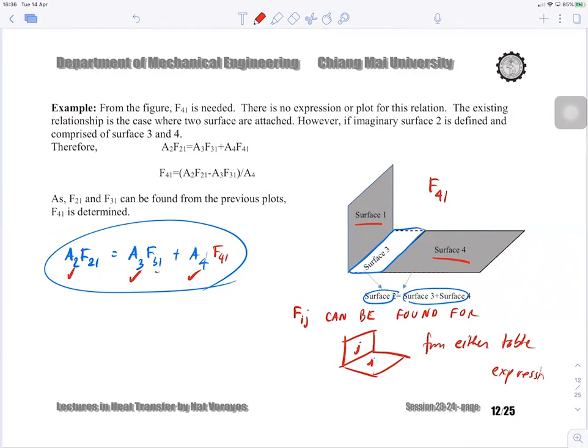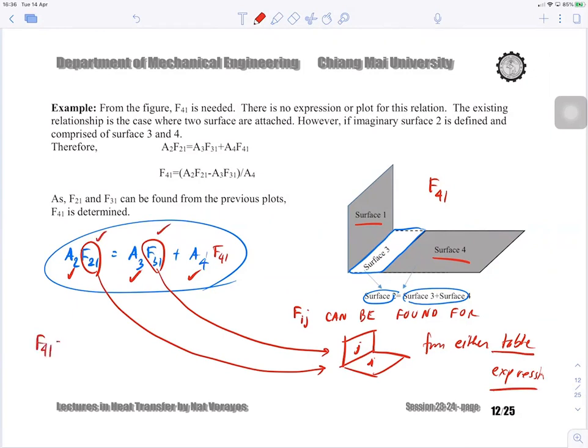How about F31 and F21? Because you can find these, okay, from either the table or expression. So these two can be found. So when we arrange the equation, F41 is going to be equal to A2 F21 minus A3 F31 over A4. Done.